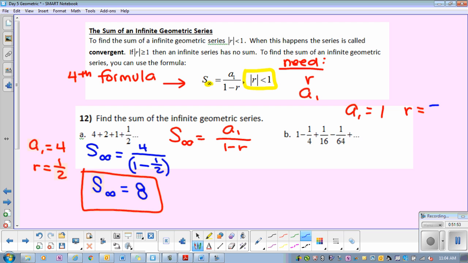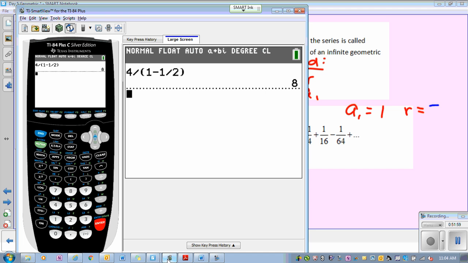So let's try this. These are weird fractions, but it's okay. You can put it in your calculator, right? Negative 1/16 divided by 1/4... no, 64, sorry. Divided by 1/16.